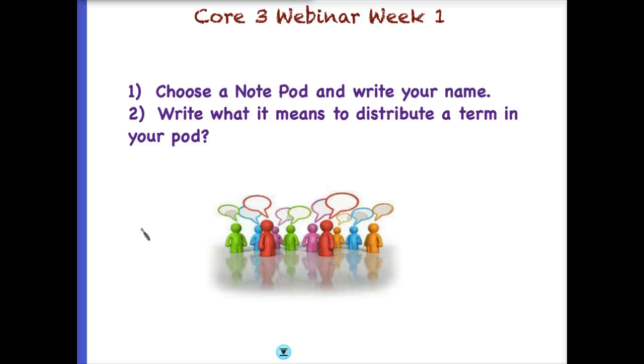You don't all have to do it, but if you know what it means to distribute a term, can you write that in your little notepads? There are actually two Student 6s. There's one that Unique has, and one right underneath my video picture of myself. You can use that one too, because I don't think there's enough. And you can always use the chat too.